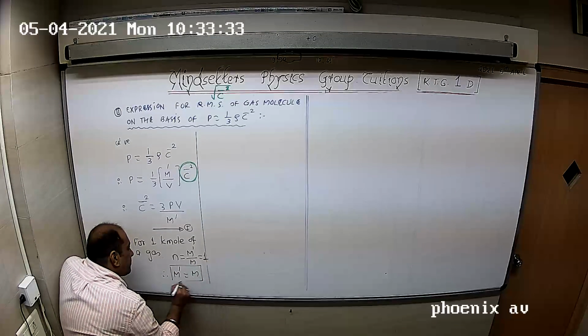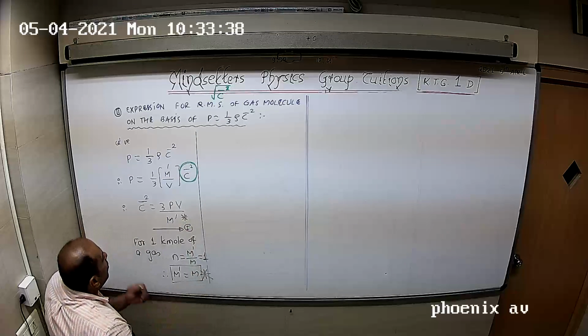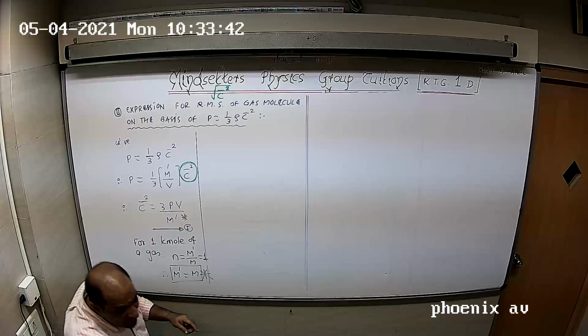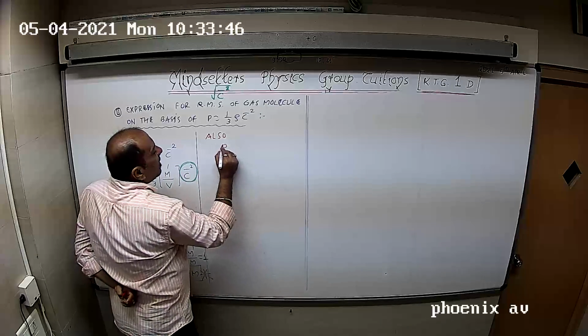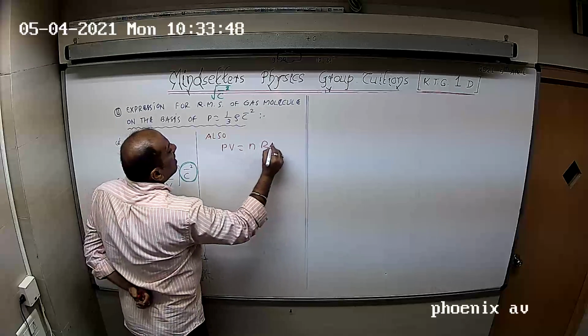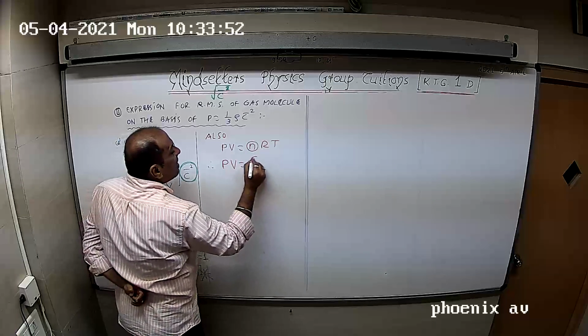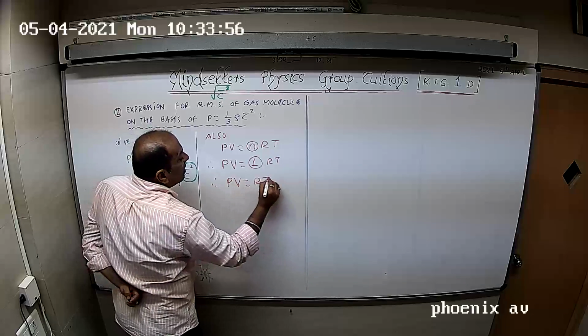Point number 1: m dash can be replaced by m. Then the denominator I am going to write as molecular weight. Also, for 1 kilomole of a gas, PV is equal to nRT. In place of n, 1, so PV is equal to 1 RT. That means PV is equal to RT.